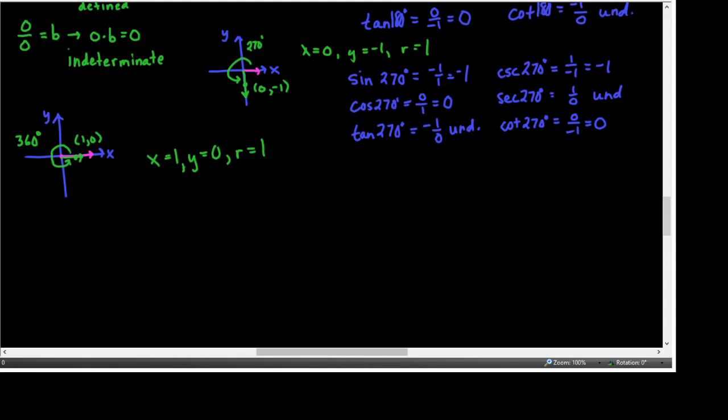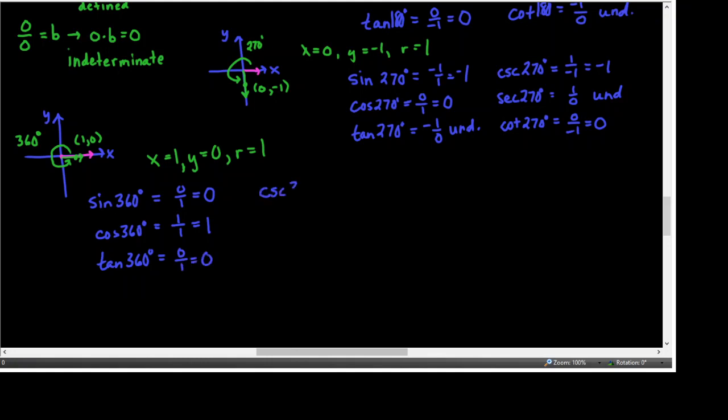So sine of 360 degrees, which is the same as sine of 0 degrees, would be y over r, 0. Cosine of 360 degrees is x over r, so 1. The tangent of 360 degrees is y over x, which is 0.